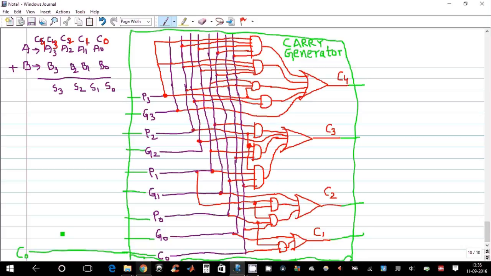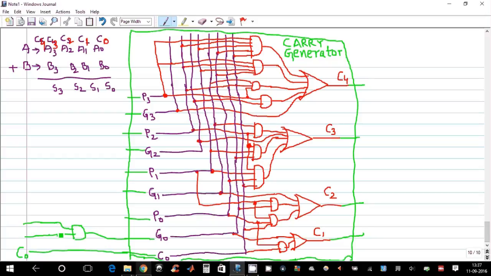And as we have seen, this G0 is nothing but the ANDing of A0 and B0. So we will be receiving the inputs A0 and B0, ANDing them and giving the result to our generator circuit.